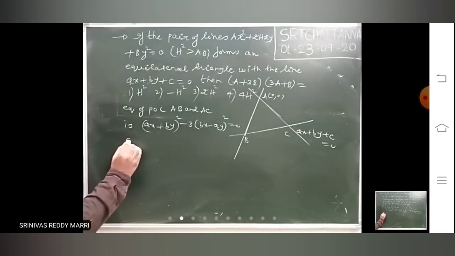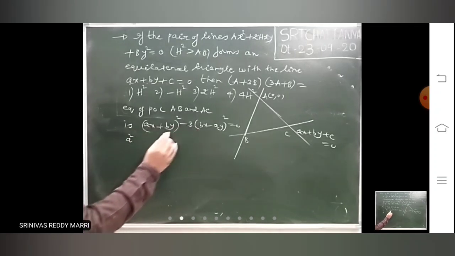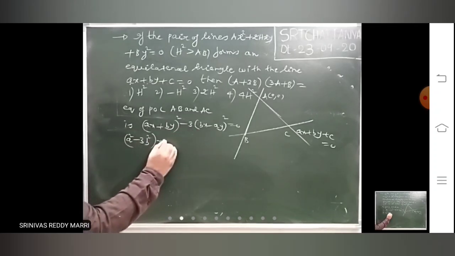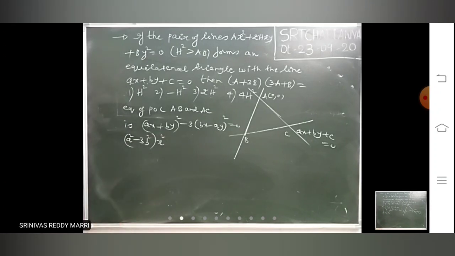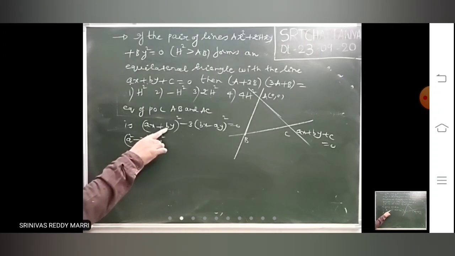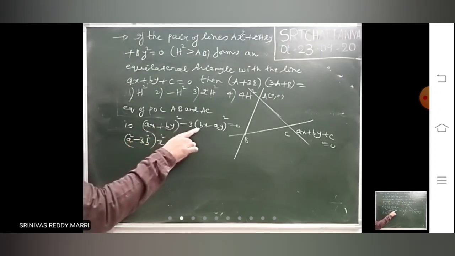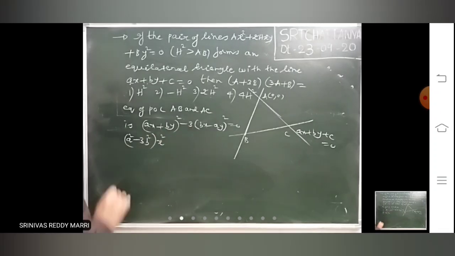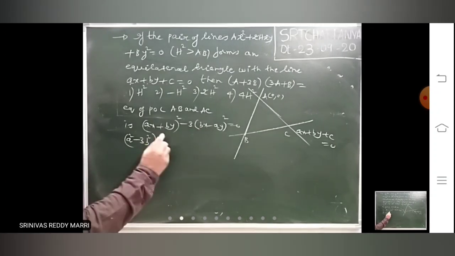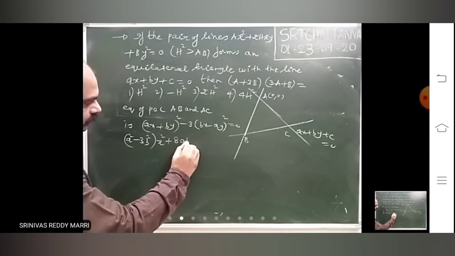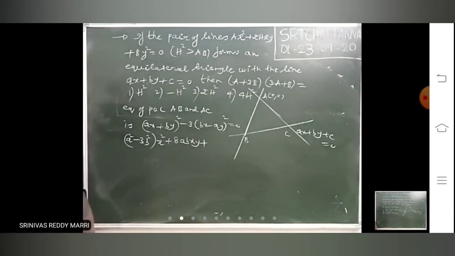What you will get, x square term a square here minus 3b square here into x square. So now xy term means here 2ab minus 3 into minus 2ab, that means here 6ab plus 2ab, xy.